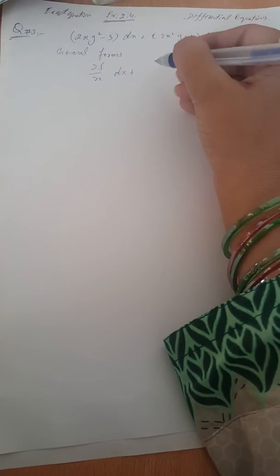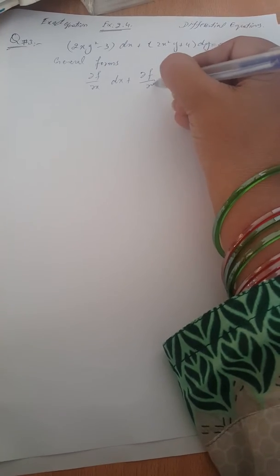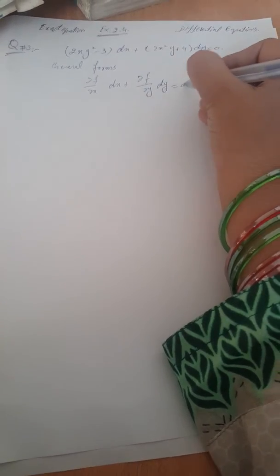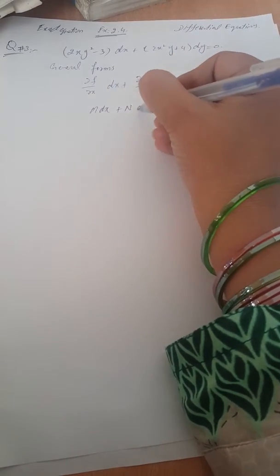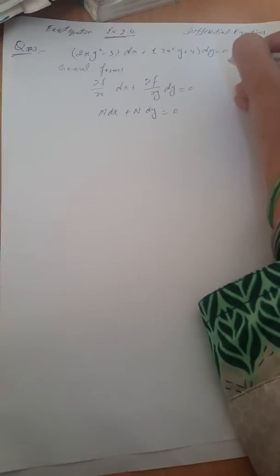The general forms are partial f by partial x dx plus partial f by partial y dy is equal to 0, and M dx plus N dy is equal to 0. I write these as equation number 1, equation number 2 and equation number 3.